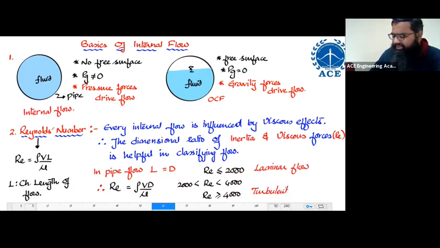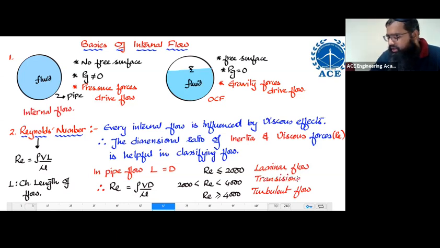Please understand, strictly speaking, there are only two flows, laminar flow and turbulent flow. So, what is there in the middle? What is there in the middle over here? That middle region is the transition from laminar to turbulent. Basically you're only having two things. That middle thing is a bridge between them. That is known as transitional flow.